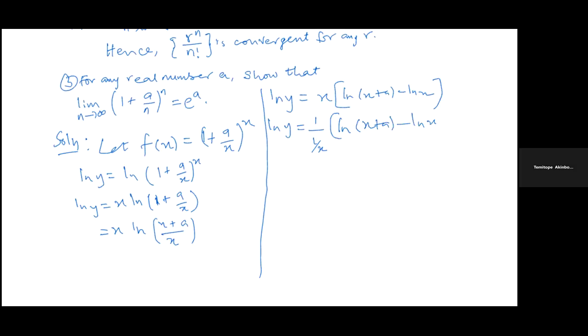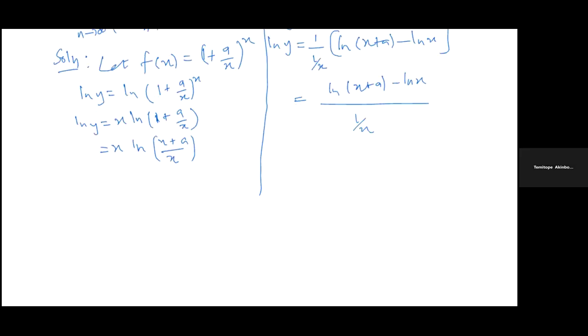So this will now be [ln(x + a) minus ln x] divided by 1 over x. So I can take the limit of both sides as x tends to infinity.